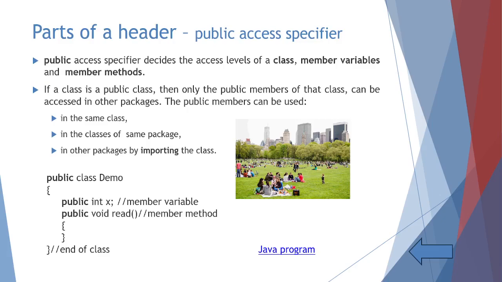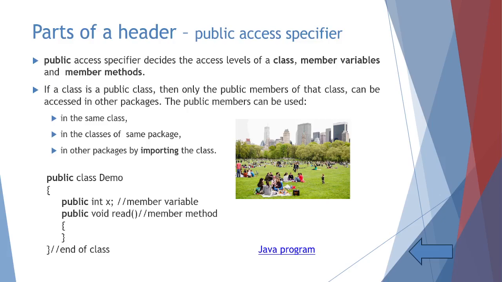So if there are public members, that is public member variables and public methods, but the class is not public, the main door is closed, we cannot use them. So if at all we want to access from different areas, that is different packages, the class should be public.